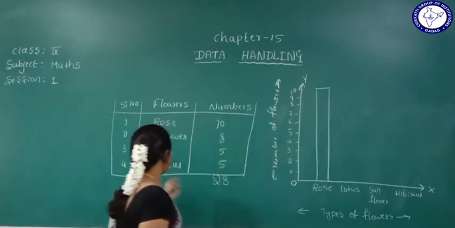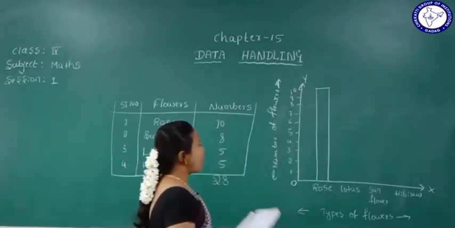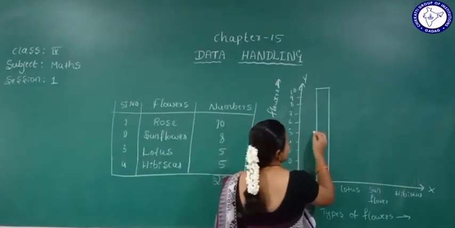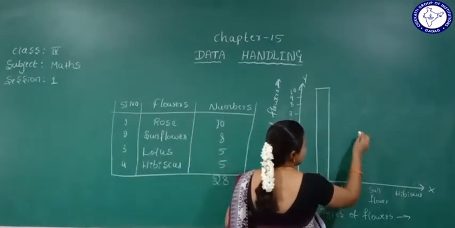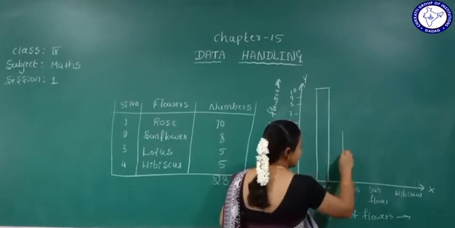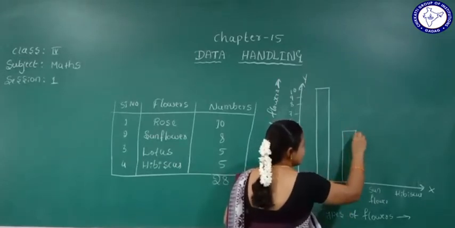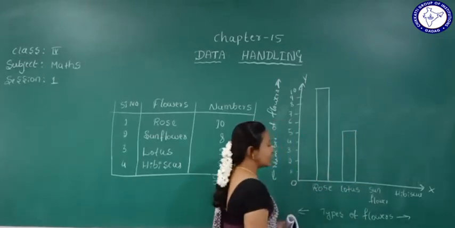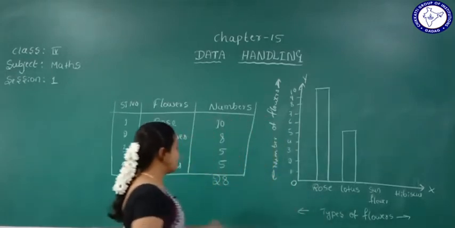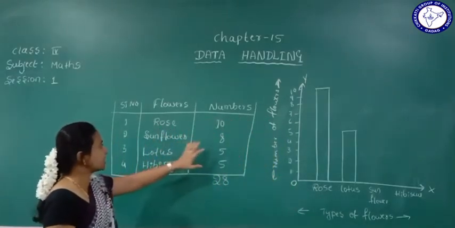The next one given here is lotus. How many lotus are there? We'll do the mark here. So this is lotus. The next one is sunflower. How many sunflowers are there? 8.